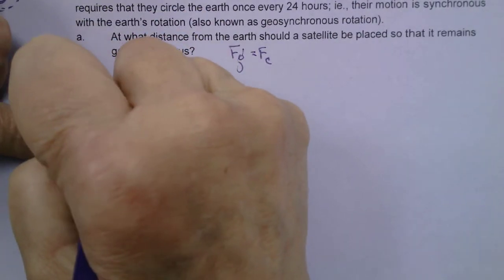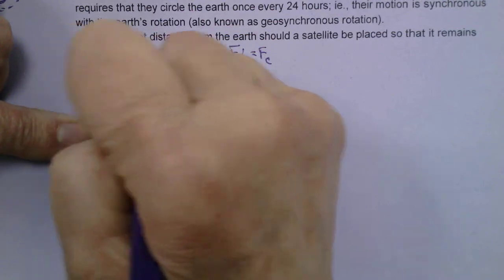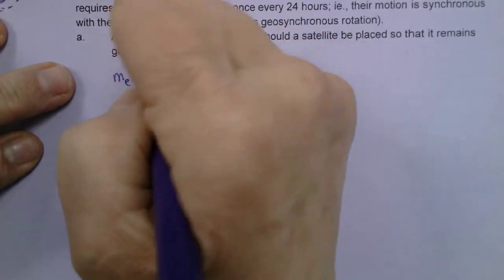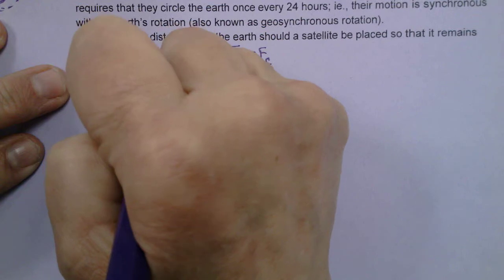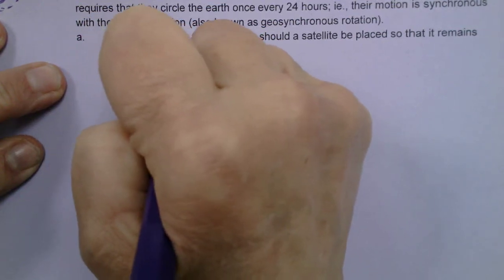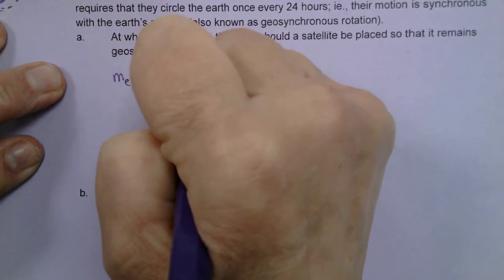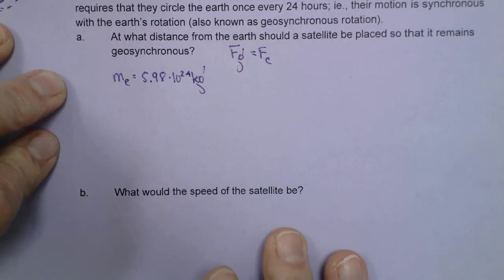I know the mass of the Earth. I was just given the mass of the Earth is equal to 5.98 times 10 to the 24th kilograms. And let's see, what else do I know?